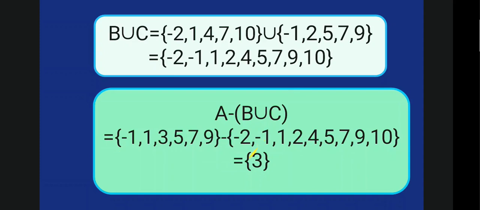Minus 1, 1, 5, 7, 9, and the remaining elements of A should be the answer. No need to write the remaining elements of the second set. What is the remaining element here? 3 only. So A minus (B union C) equals {3}.